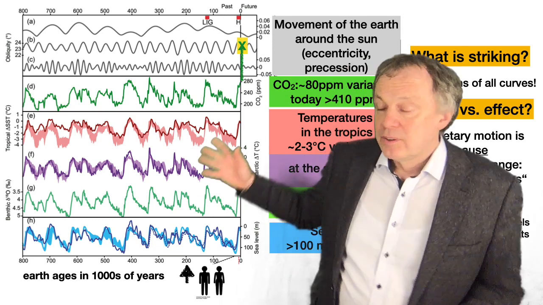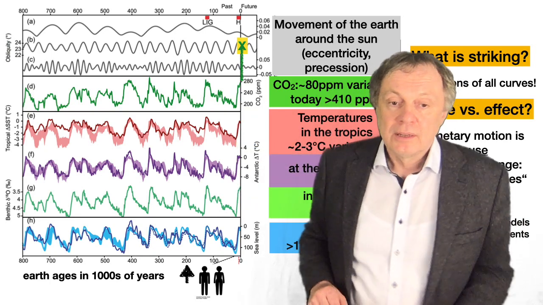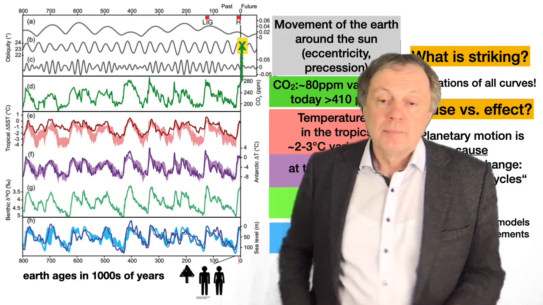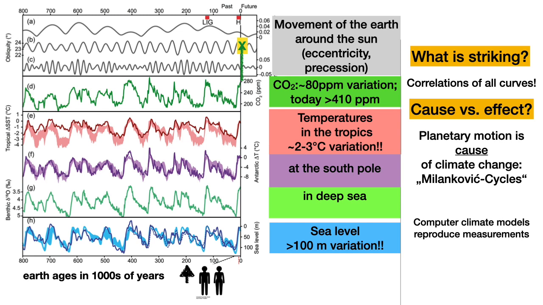And if you look at the curves in more detail, you see there are these dashed pink and violet curves and the dashed blue curves. These are the computer simulation, and they agree very well with the measured temperatures and the measured sea level on our Earth.